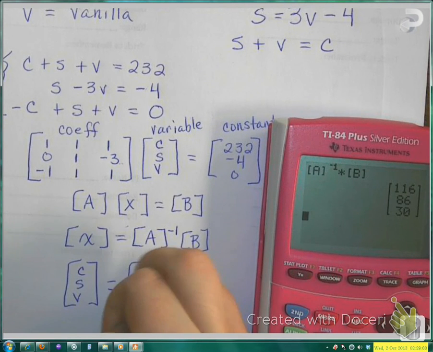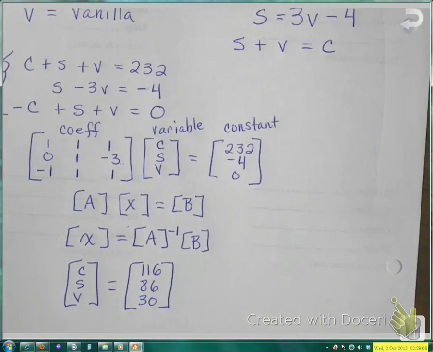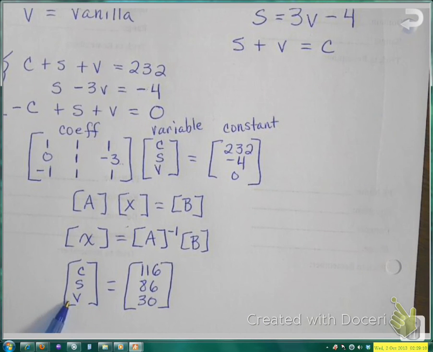And it gives us 3 beautiful numbers. Now the question is, what do the numbers actually mean? So if you look, remember we lined them up. Chocolate was first, then strawberry, then vanilla.